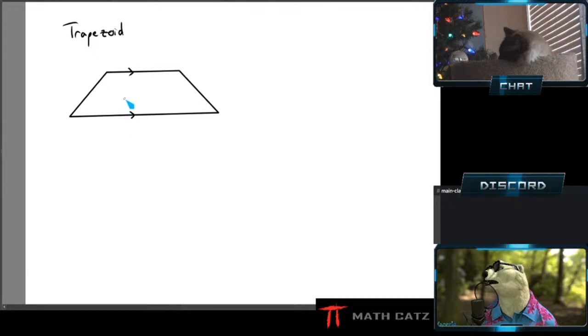In the case of the trapezoid, let's say this bottom length is B for base. This top length, let's call that an A. Let me just put some brackets here, maybe let me just emphasize in case there are more lines in a little while. That is B. That length is A.